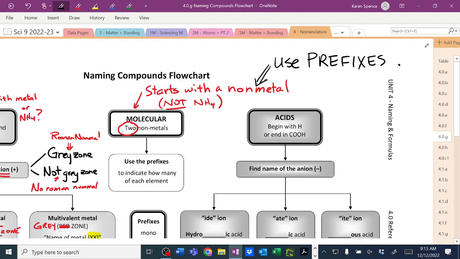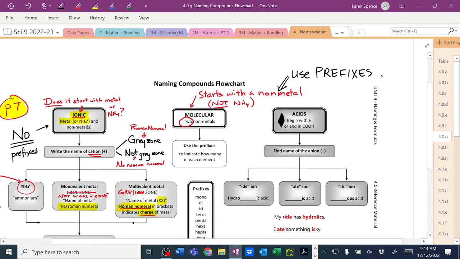Now, if you're not doing acids, because that's a black diamond thing here, right? So you don't need that unless you're doing that. Okay, so that is what you do when you are naming compounds. So this would be what you are doing. Is that on page 75 or 76?